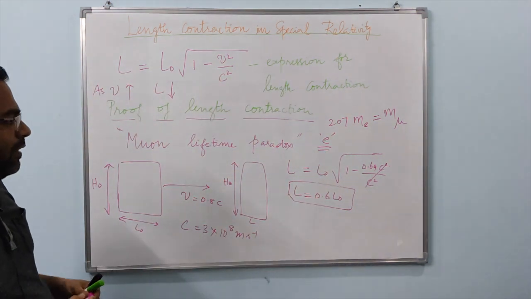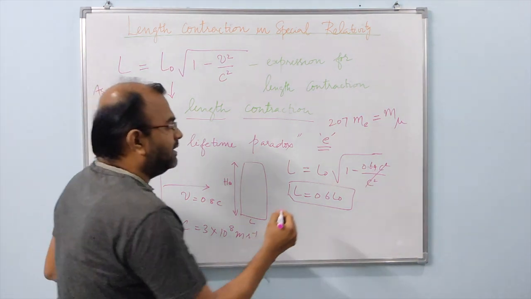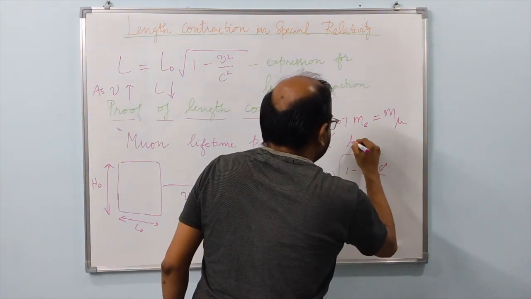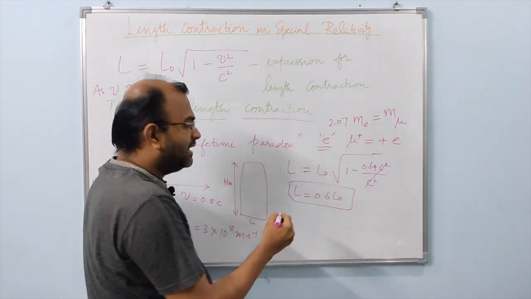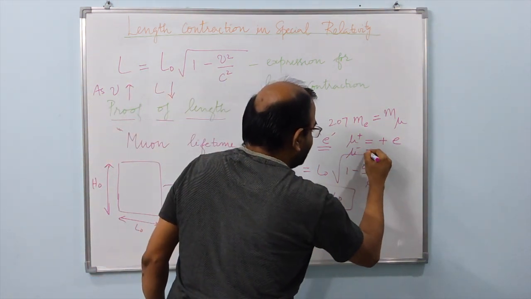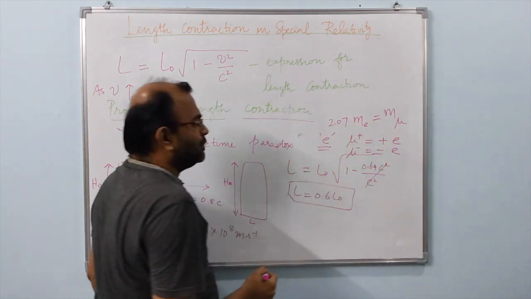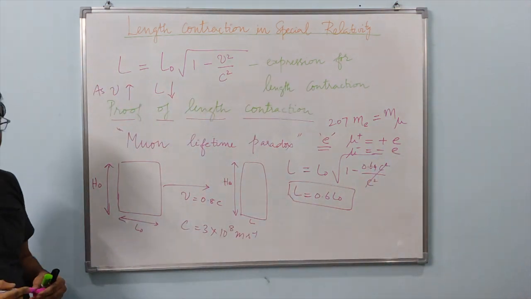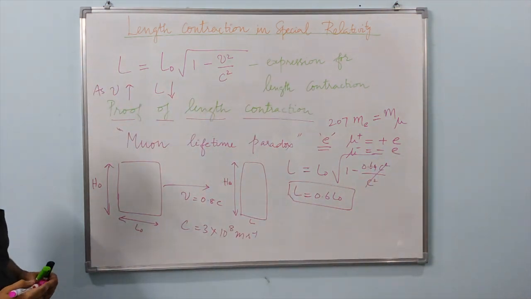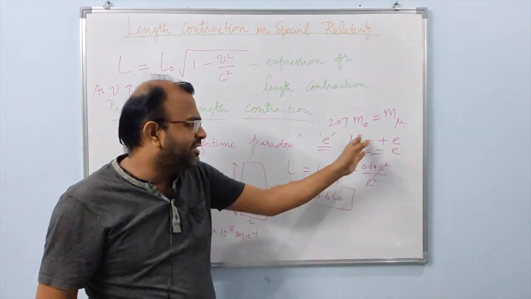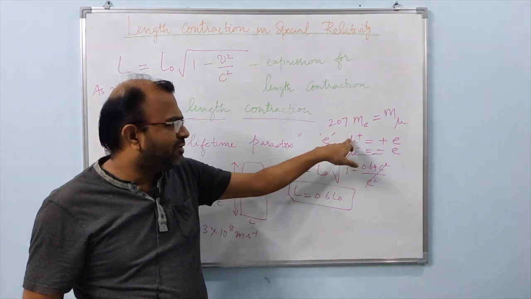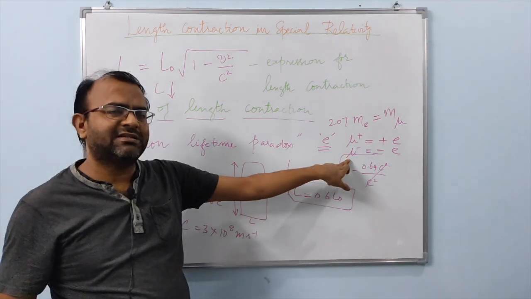Muons, we know, are of two types. That could be mu plus, which will have plus e charge, and mu minus, which will have minus e charge. These particles are unstable particles which decay into a positron or an electron, depending upon whether originally it was mu plus or mu minus.